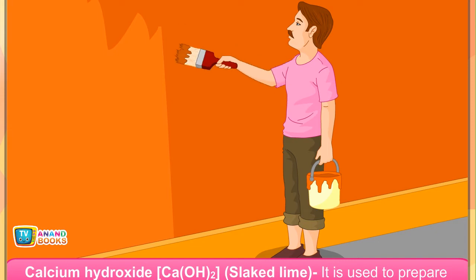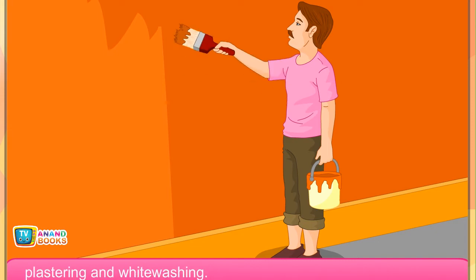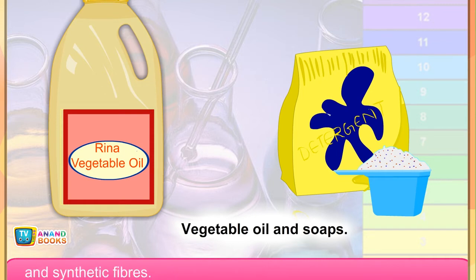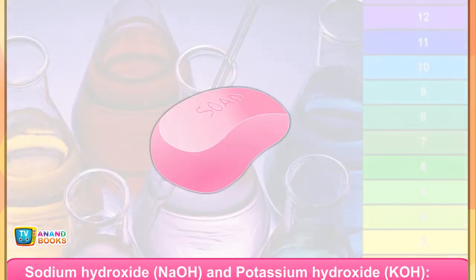It is used to prepare bleaching powder, and to prepare mortar used for plastering and whitewashing. Aluminium hydroxide, Al(OH)3, is used in manufacture of fertilizers and nitric acid. It is used to prepare washing soda and synthetic fibers.